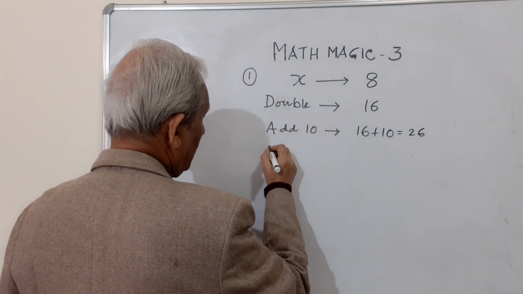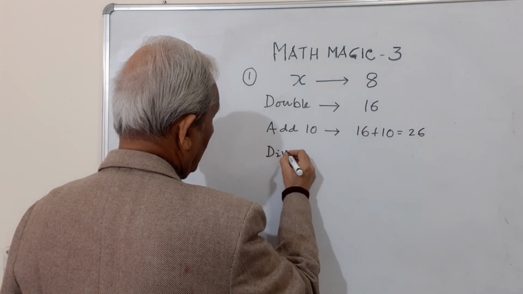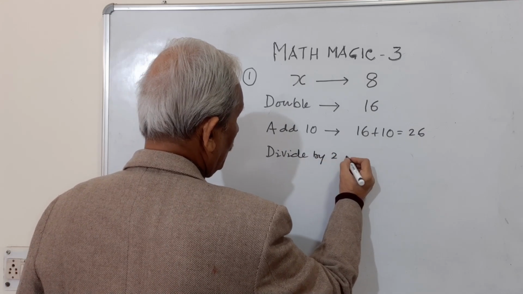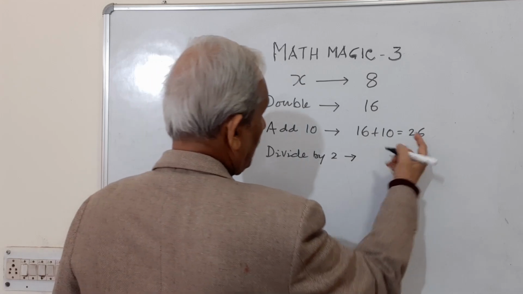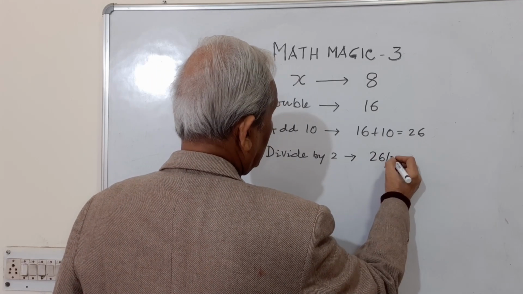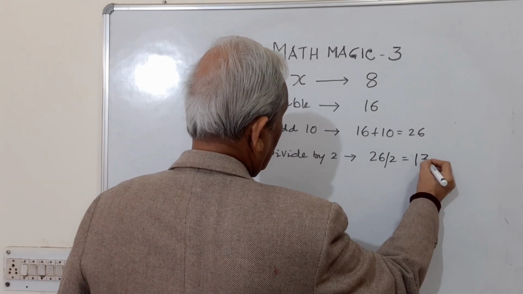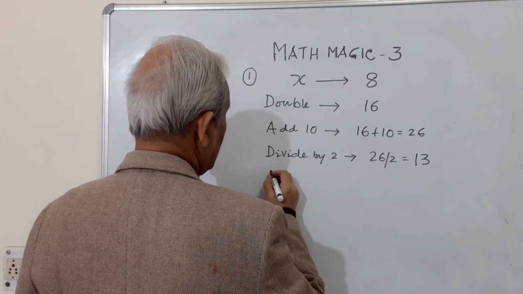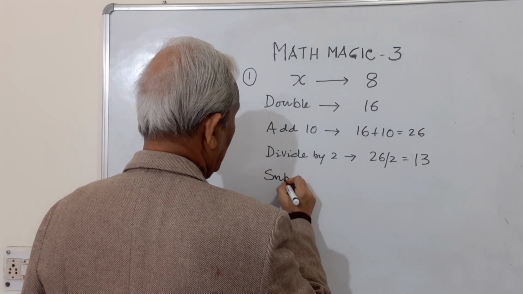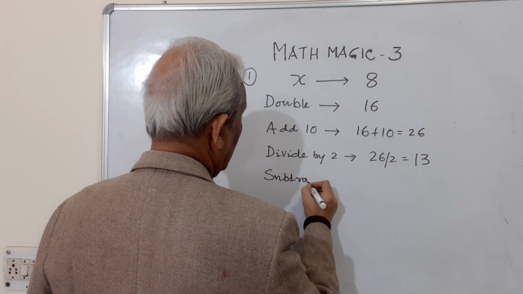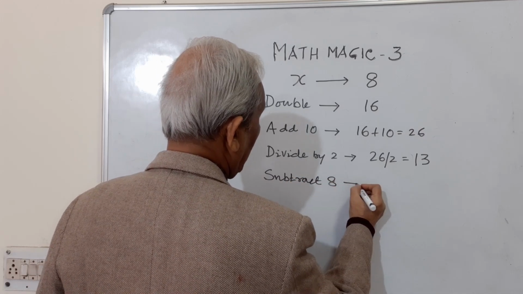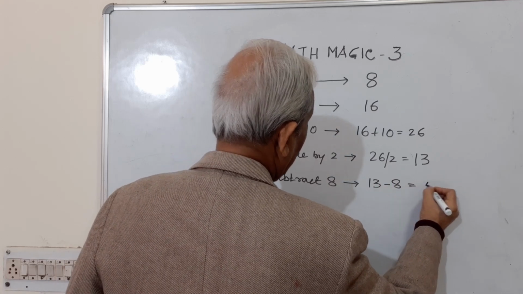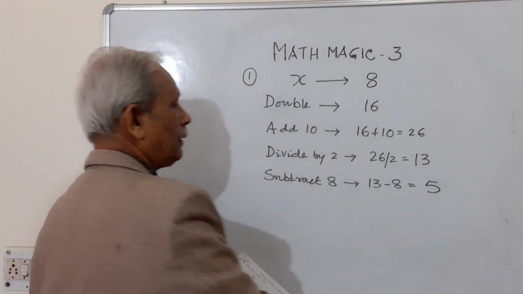Now divide it by 2. Divide by 2. How much does it become? 26 by 2 is 13. Now I told you, subtract the original number thought by you. Subtract 8, and it becomes 13 minus 8 is 5, and that's what I told you. The result is 5.